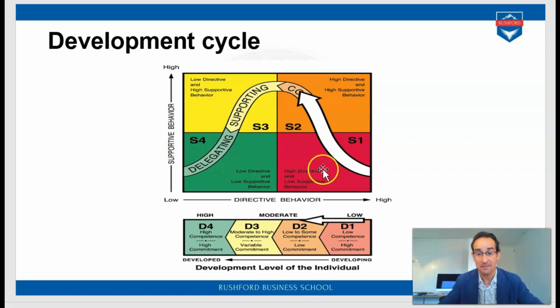That can be the same person, starting here in time 0, T0, and arriving here in time T5, for instance. Okay, you will have to accompany the person differently according to the stage which he or she is crossing and facing. So this is the development cycle.